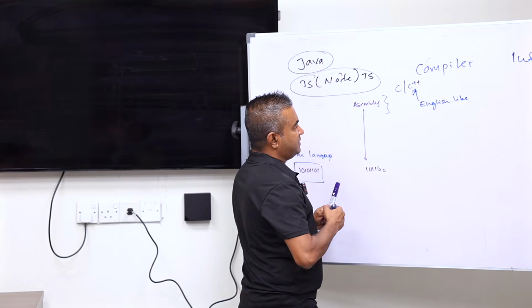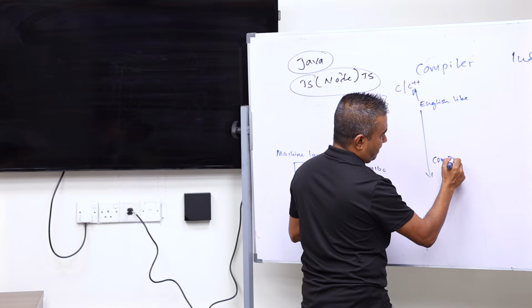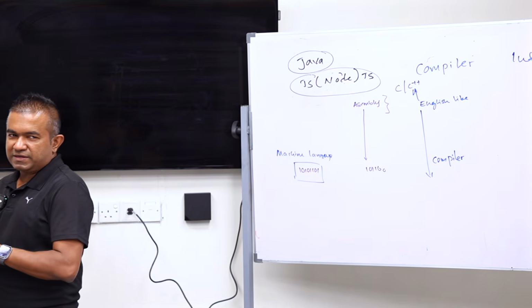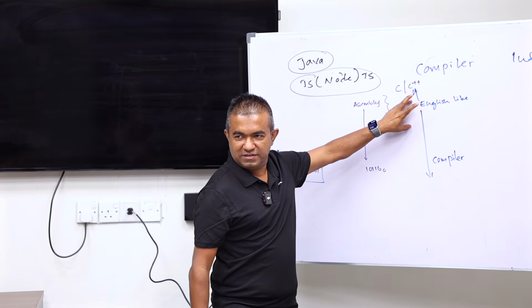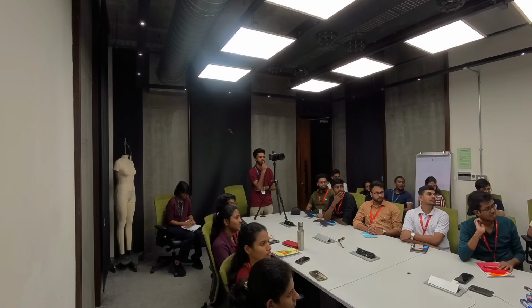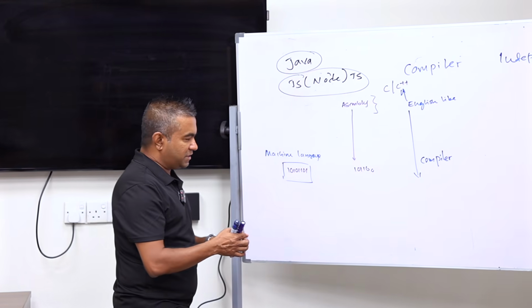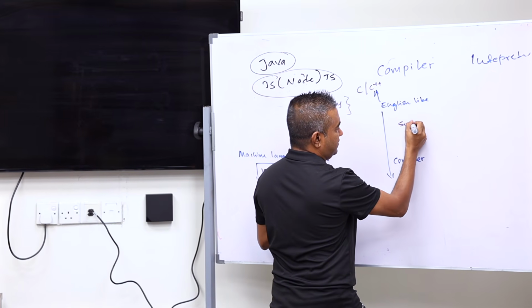So they created something called a compiler. What the compiler does is go through this English-like language and convert it into machine code. It also does something else during the process: it checks syntax validation.